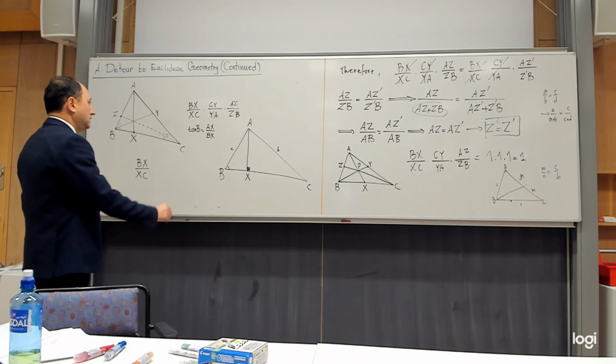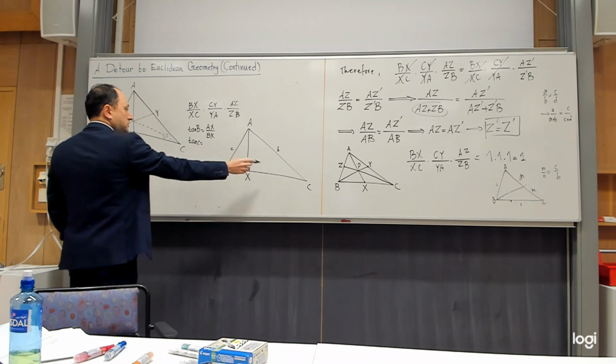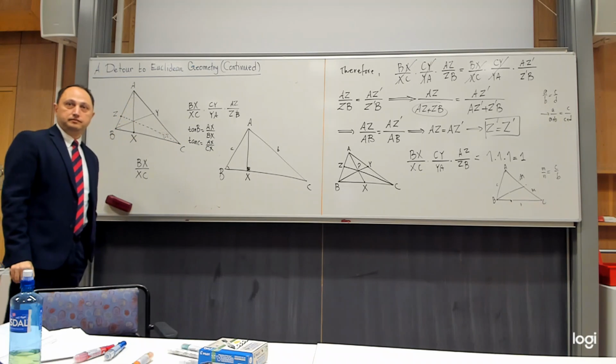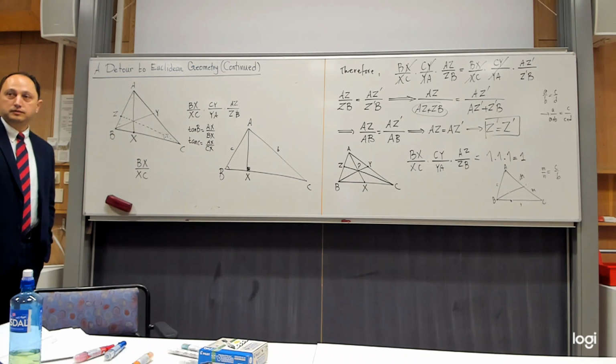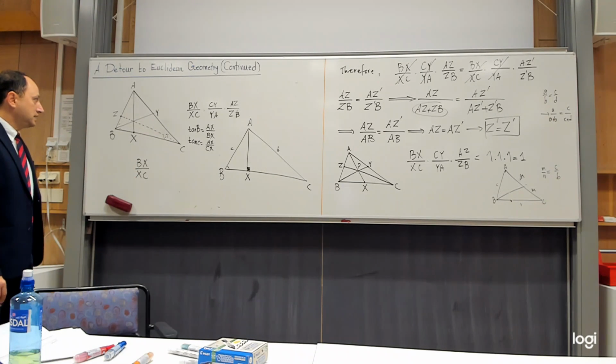Okay, and then if I write tangent of C, it becomes the opposite side, which is AX again, divided by CX. Yes or no?